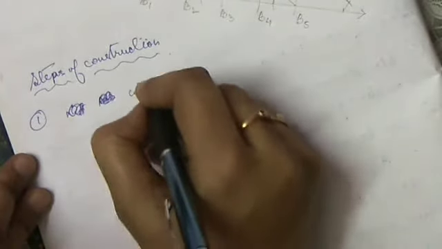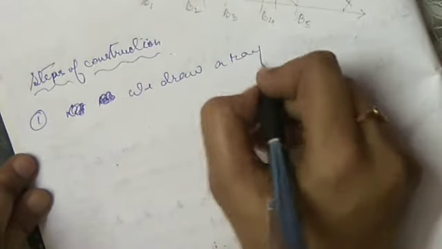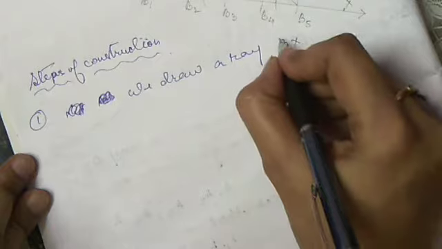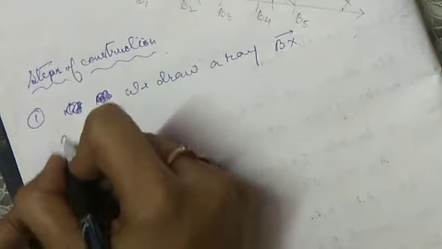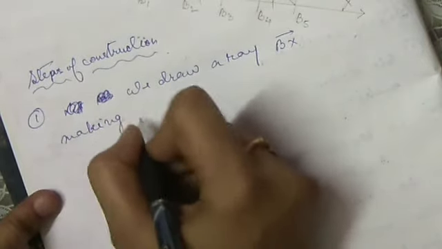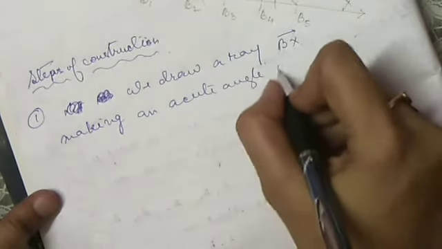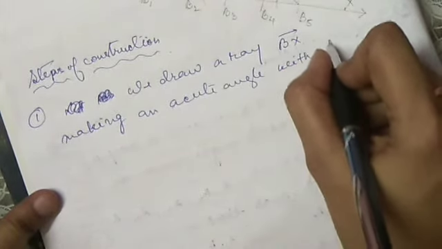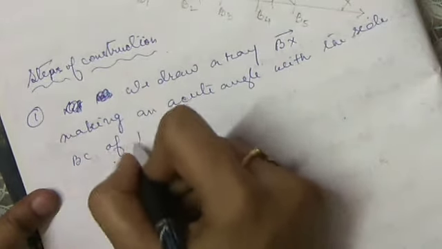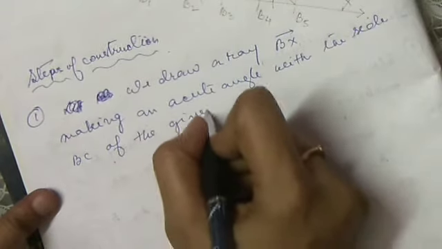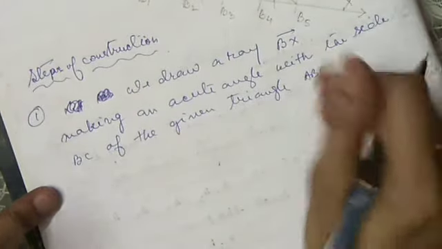We draw a ray BX making an acute angle with the side BC of the given triangle ABC.